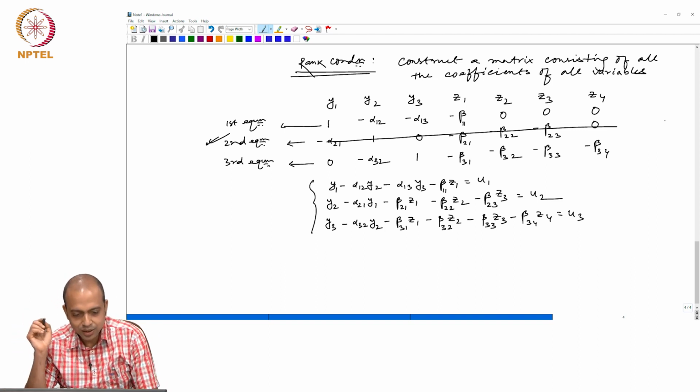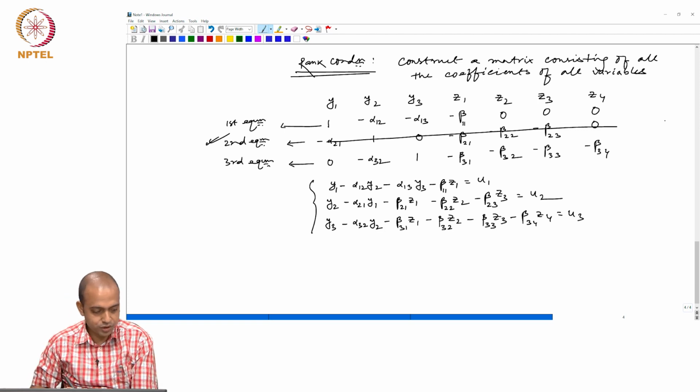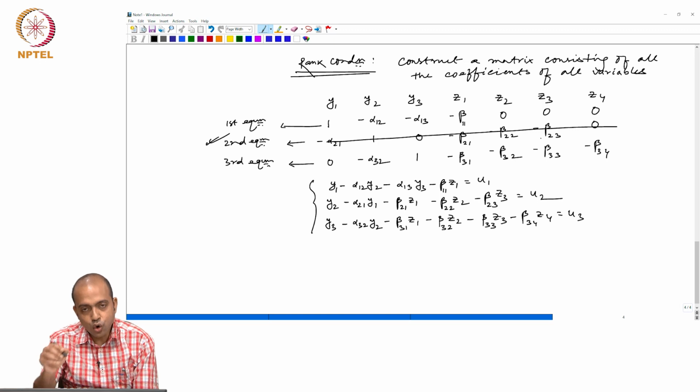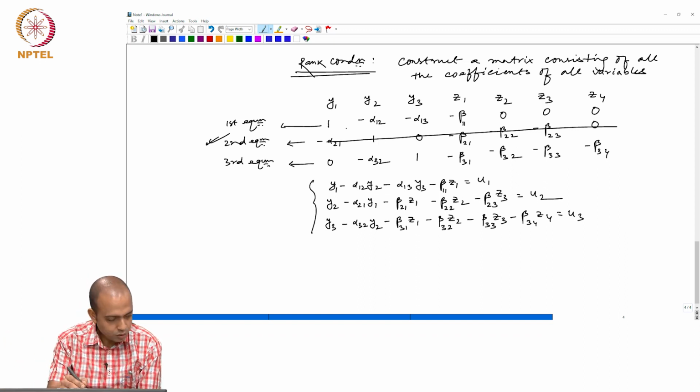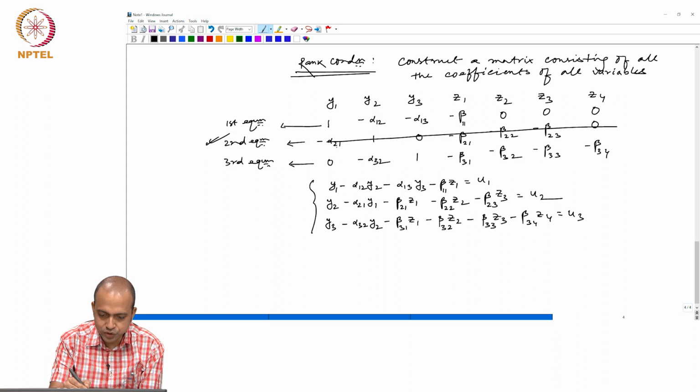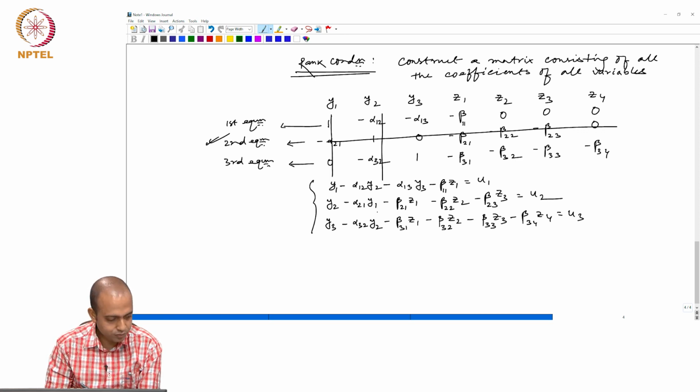Okay, and then you cross out all the columns in which the second equation has non-zero coefficients. So, in the first column, yes, I have the non-zero coefficient alpha 2 1, so I will cross this out. Yes, in the second column I have the non-zero coefficient 1, so I will cross this out.